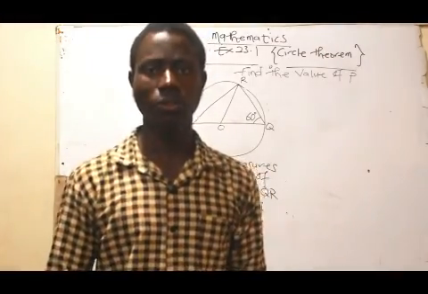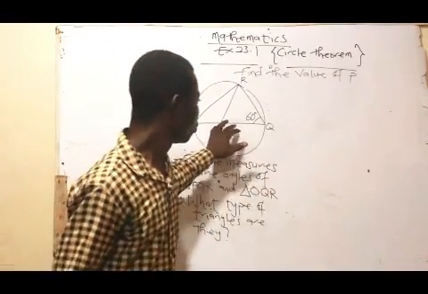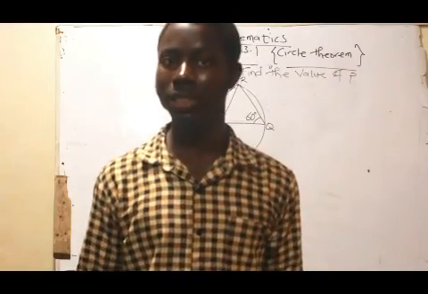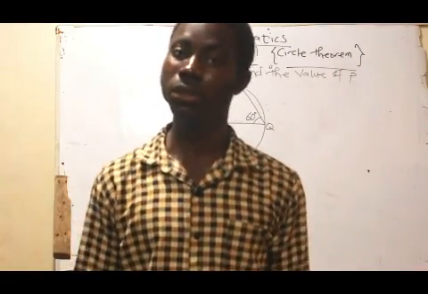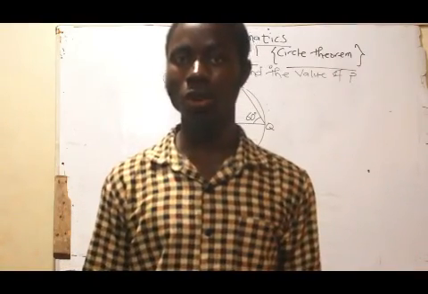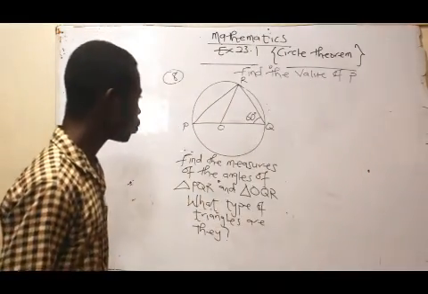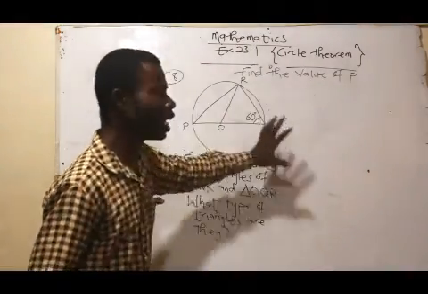Now we know that in a circle, all the radii are going to have the same value. So we can say that these two radii are forming what?